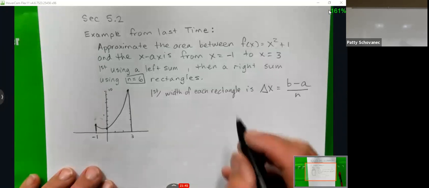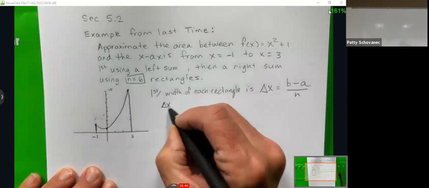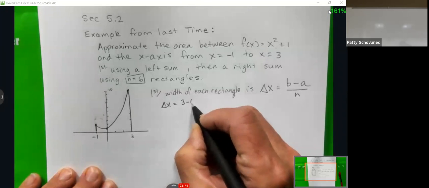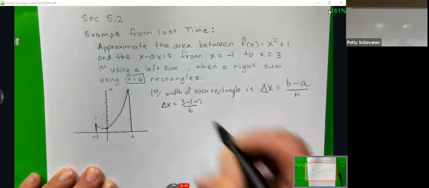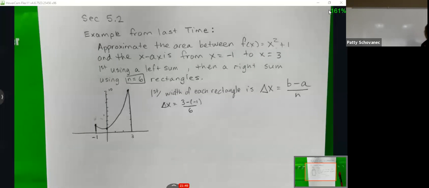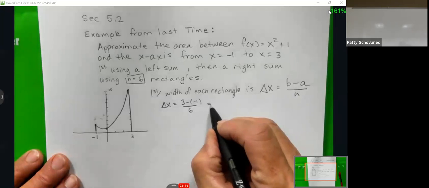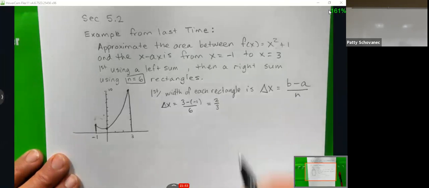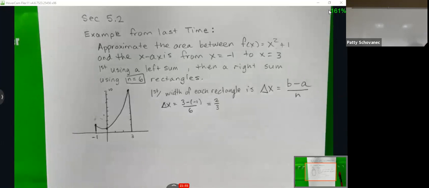So in our example, our delta x is 3 minus -1 over 6. That's 4/6 or 2/3. So when I put 6 rectangles in here, they all have to be 2/3 of a unit wide.